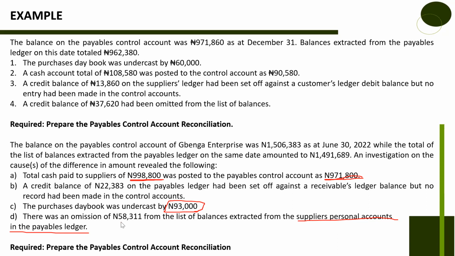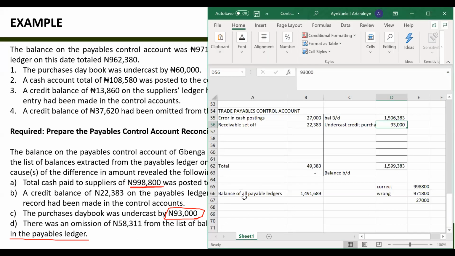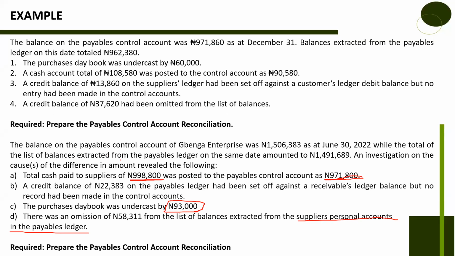You remember they gave us the personal account balance from the beginning, 1,481,000. The list of balances extracted from the payables ledger on the same date omitted this amount. When it was omitted, are we going to add it or subtract?